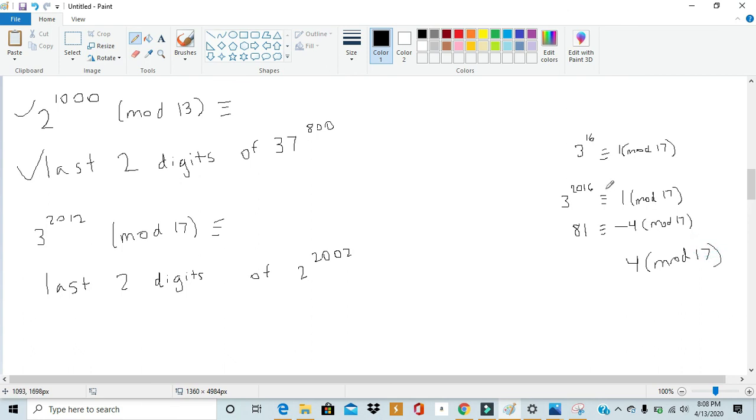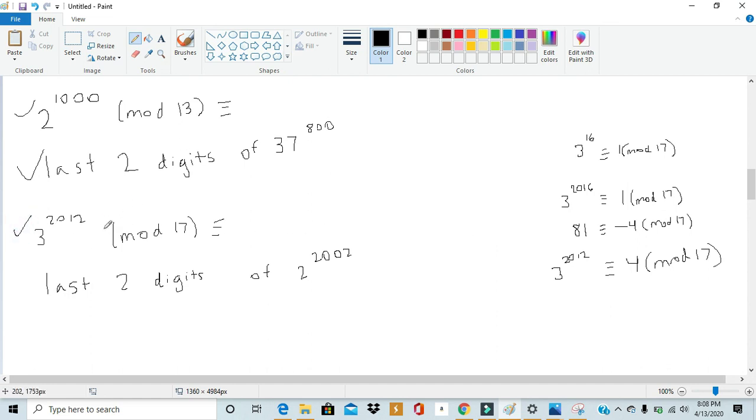So if we divide the right side, we're going to be left with 4 mod 17. But if we divide the left side, we're going to be left with 3 to the 2012. So we get 3 to the 2012 is congruent to 4 mod 17. So we did the third challenge problem.